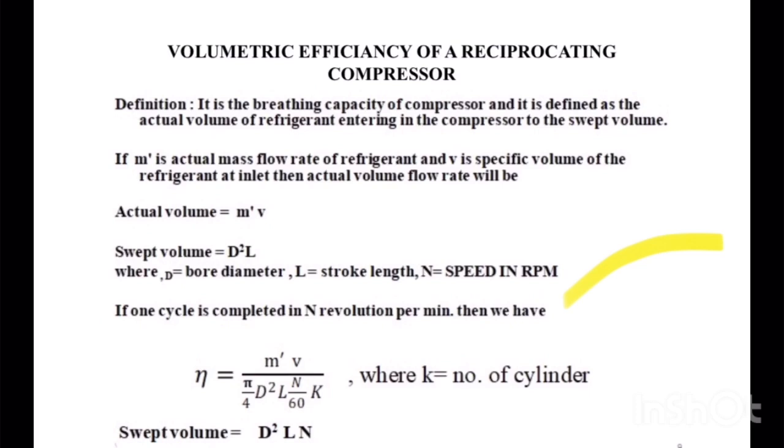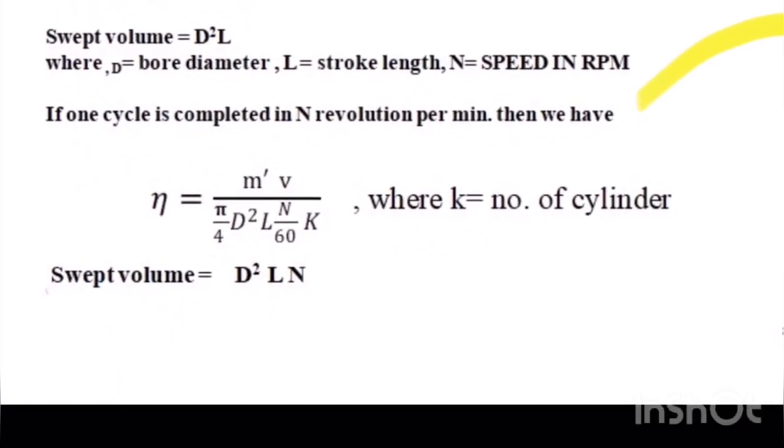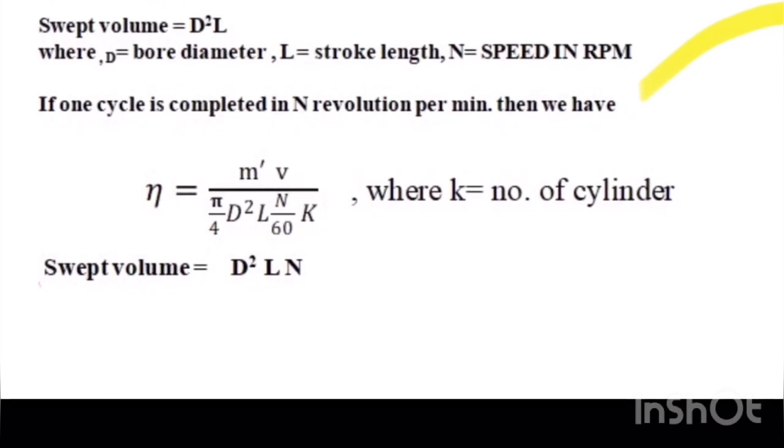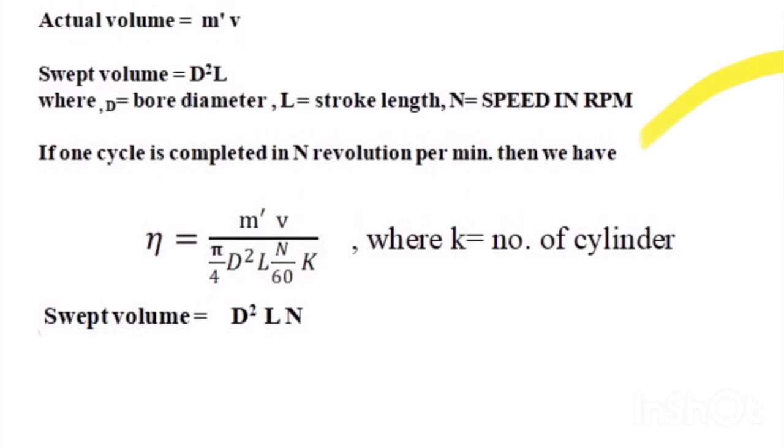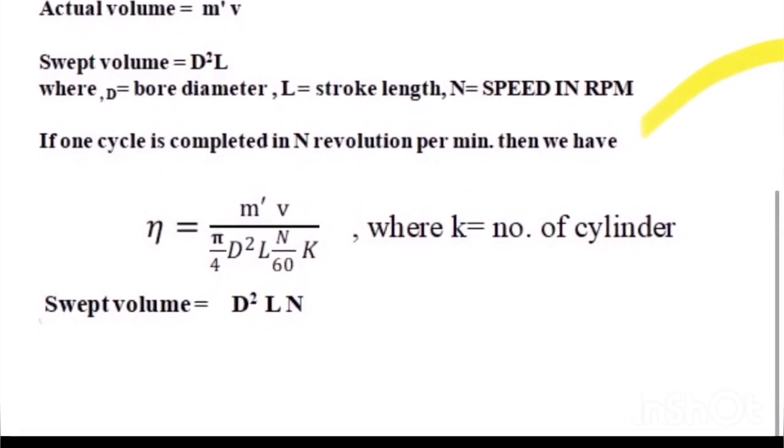If one cycle is completed in n revolutions per minute, then the volumetric efficiency equals the actual volume flow rate entering the compressor, m dot v, divided by the swept volume, pi by 4 d square L multiplied by n, the speed of the compressor. It is in RPM, so we need to convert minutes to seconds. So, we divide by 60 and multiply by k, where k is the number of cylinders. So, this is the equation for the volumetric efficiency.